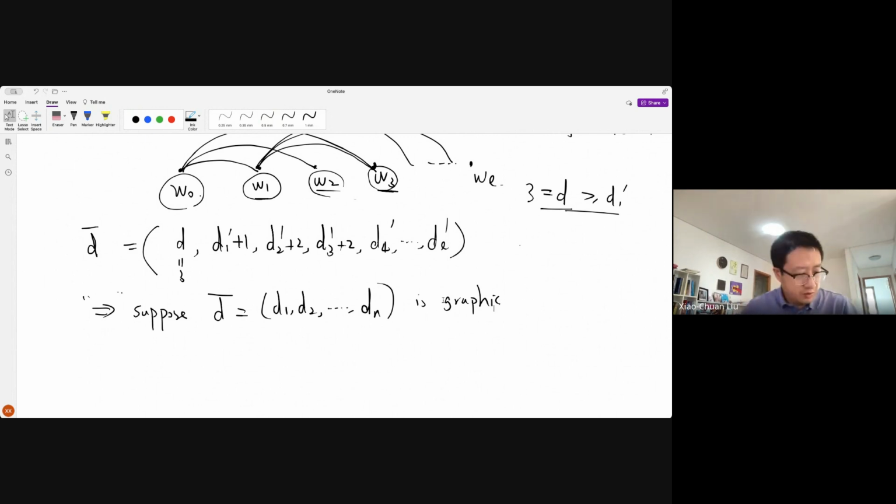Maybe G is the corresponding graph. Whatever sequence is graphic, you don't necessarily find a unique graph. Maybe you have several, but G is one corresponding graph, some graph with this sequence.